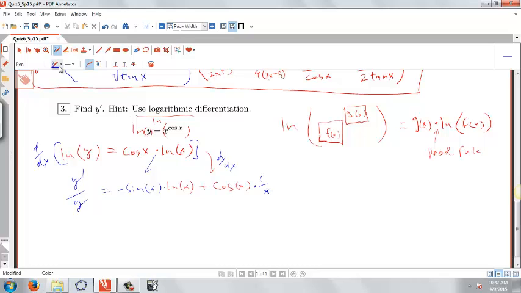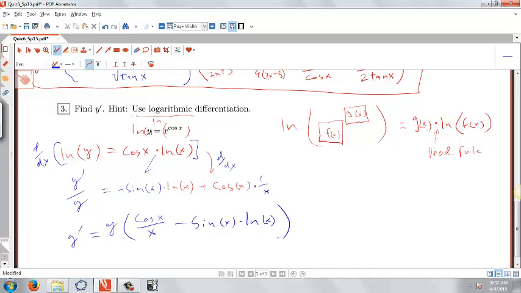What I'm going to do is say y prime is equal to, I'm going to clean this up because this minus in the front looks nicer if you move it to the other side. So we're going to have y times cosine x over x, and note that the x's don't cancel, minus sine of x times natural log of x.